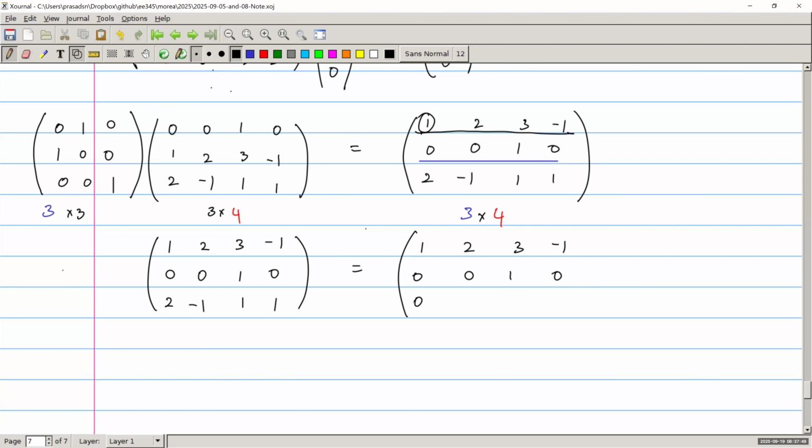We always do it as the new row 3 is row 3 plus or minus some multiple of the pivot row.